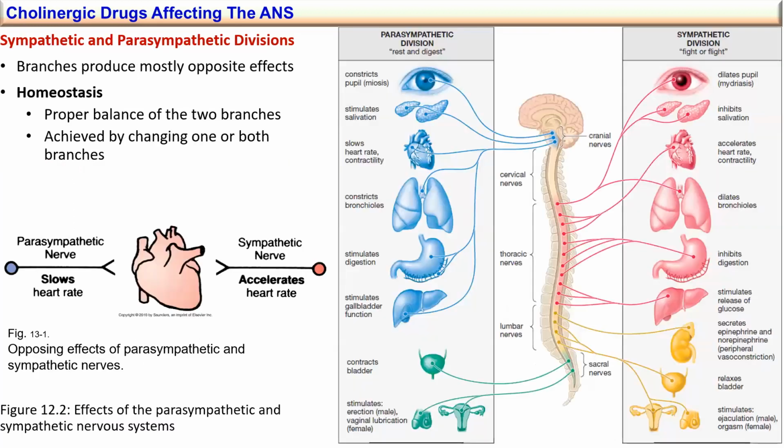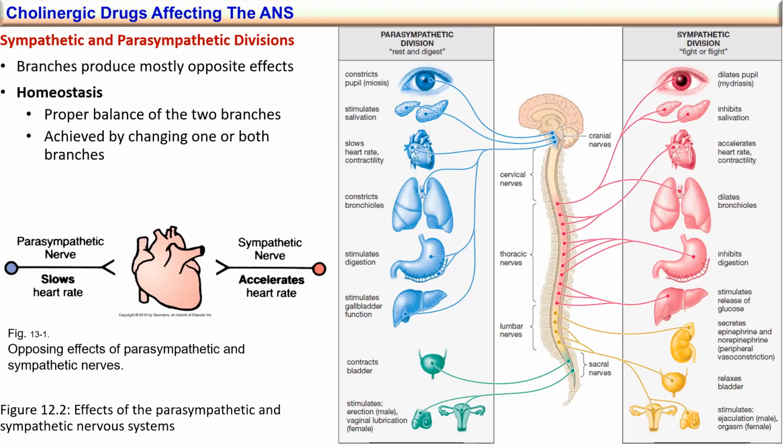The next slide provides more explanation about the sympathetic and parasympathetic. Before I go into the specifics about the functions of each system, the autonomic nervous system has three principal functions.